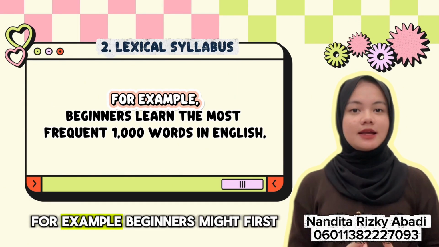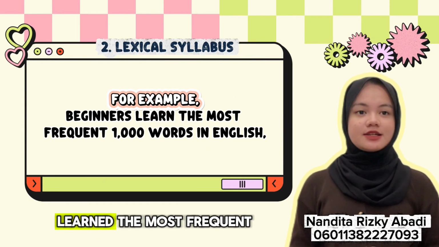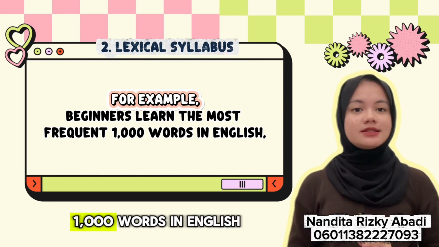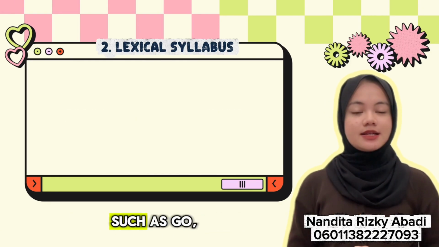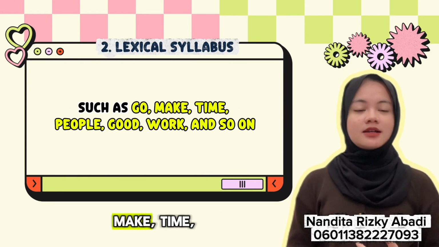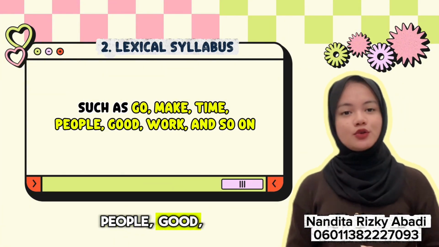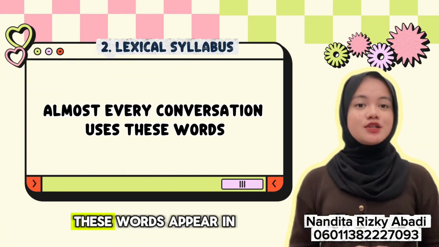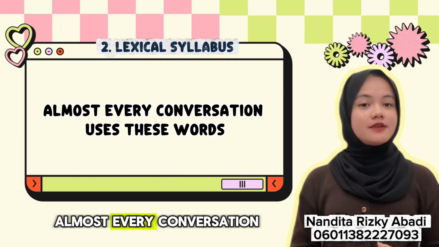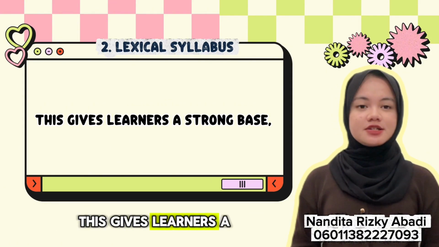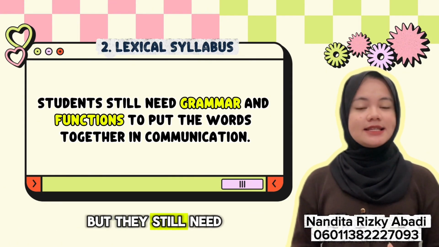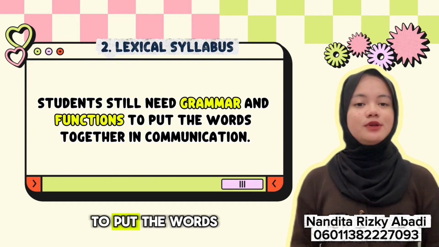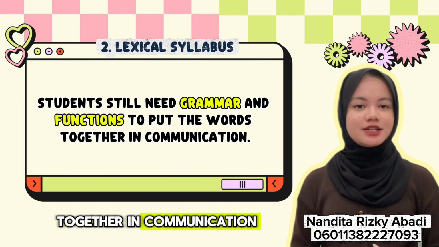For example, beginners might first learn the most frequent 1,000 words in English, such as go, make, time, people, good, or work. These words appear in almost every conversation. This gives learners a strong base, but they still need grammar and functions to put the words together in communication.